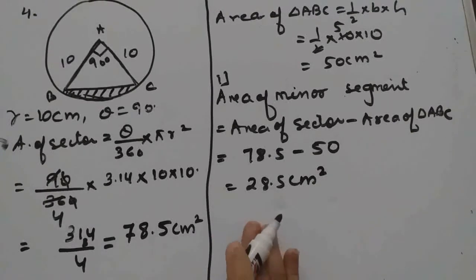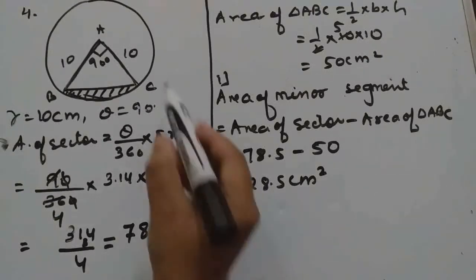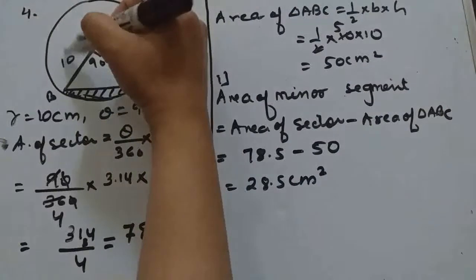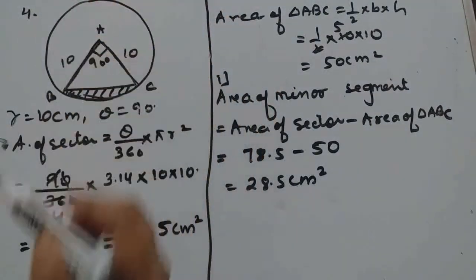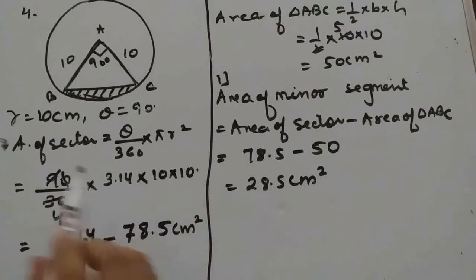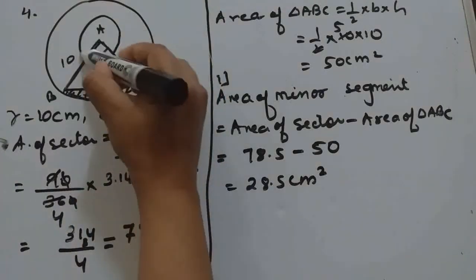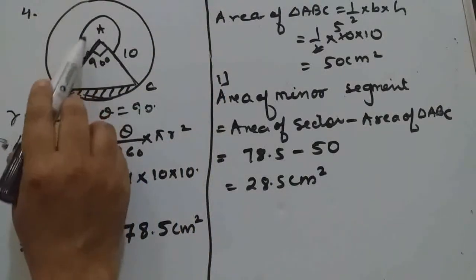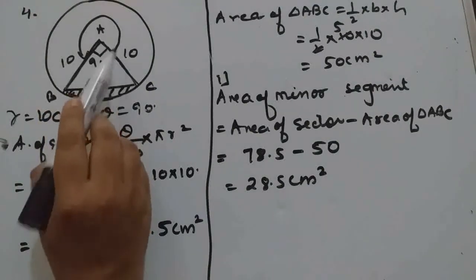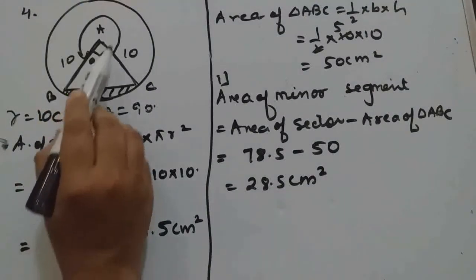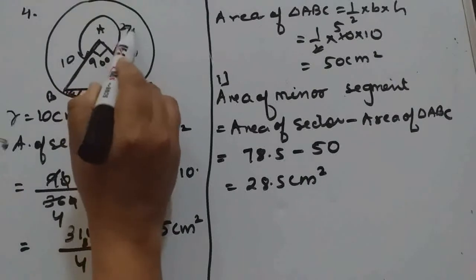Now the next part is find the area of major sector. Major sector means this complete area. So by two methods we can find. We know area of sector formula is theta by 360. So we will find theta for this. So for complete circle theta is 360. So this 90 if we subtract, we will get theta 270.